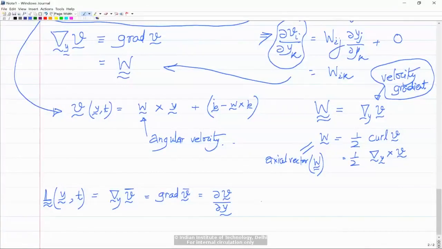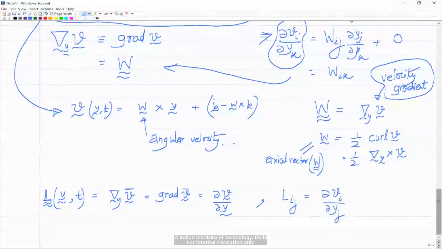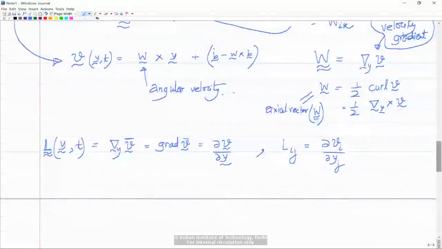Okay, and if you think of component form, then Lij is very simply del vi over del yj, isn't it? And just because L is the gradient, what is Lii? You see from here, that's del vi over del yi, right?